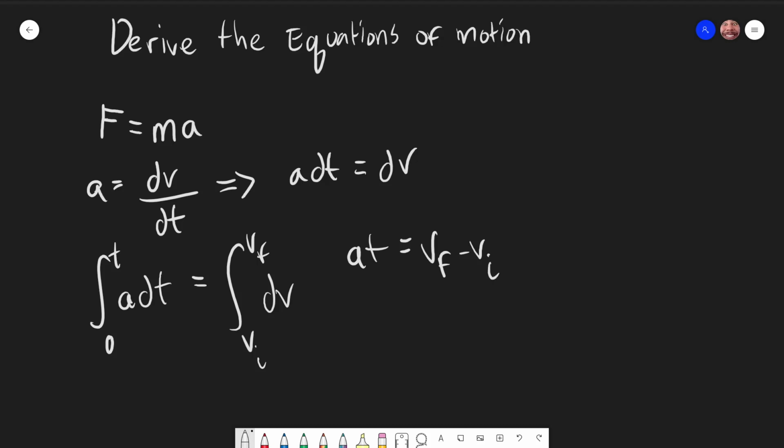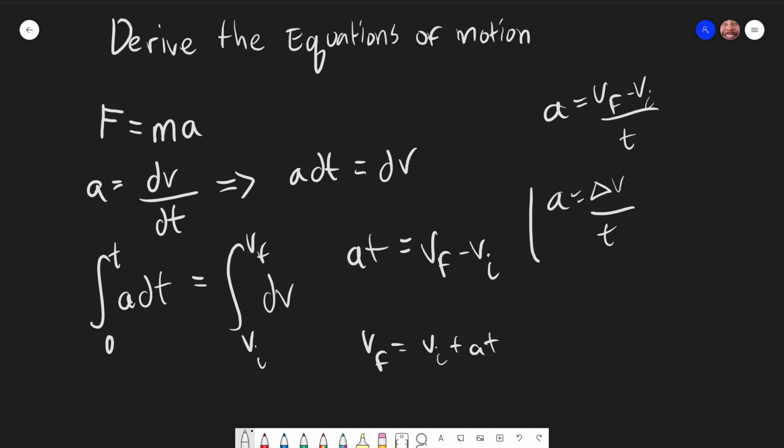So we get vf equals vi plus at. We can check our work: acceleration is vf minus vi over t, the difference in velocity over time. So we checked our work there for the first one.